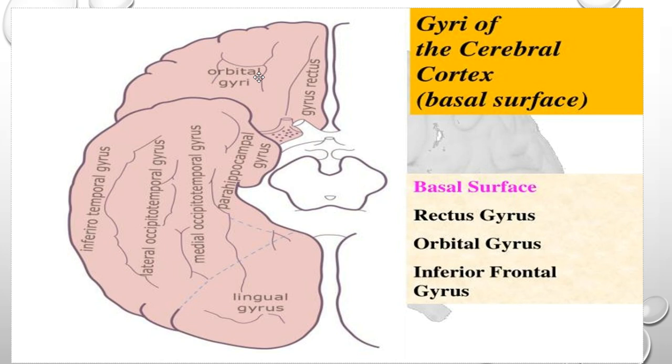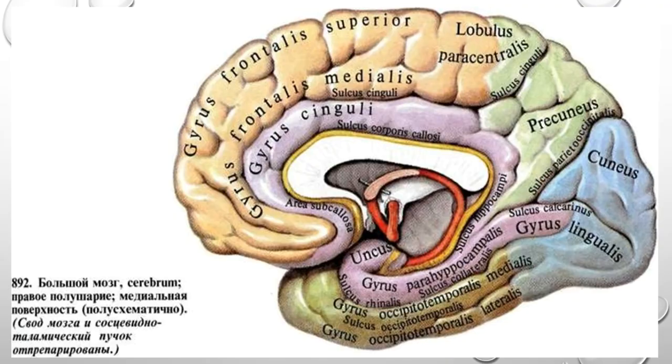Then the parahippocampal gyrus is situated on the inferomedial margin of the hemisphere within the dimensions of the temporal lobe. It is bounded by the hippocampal sulcus.